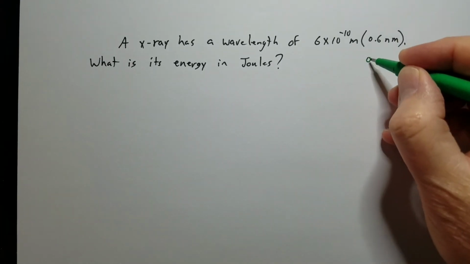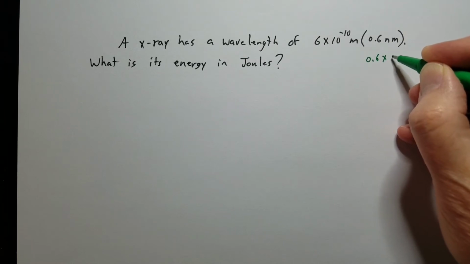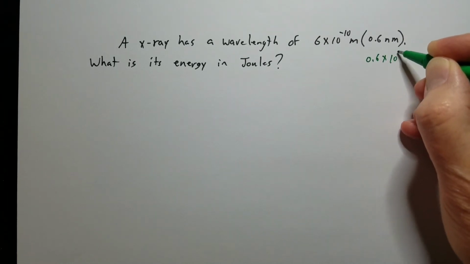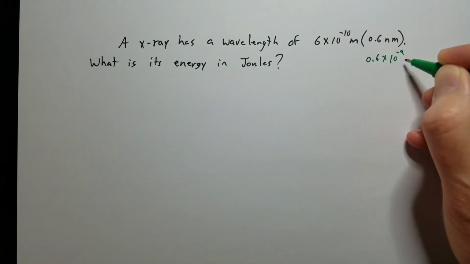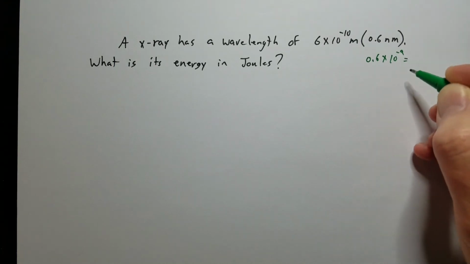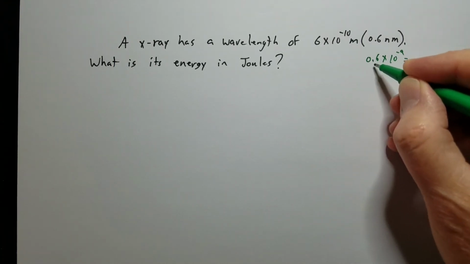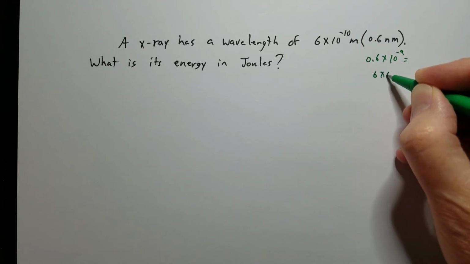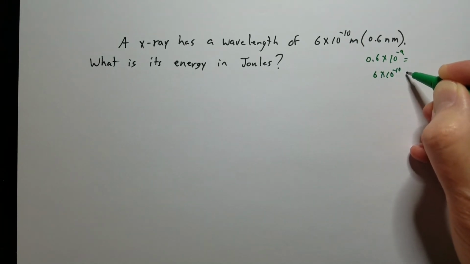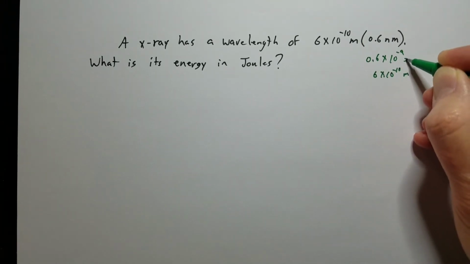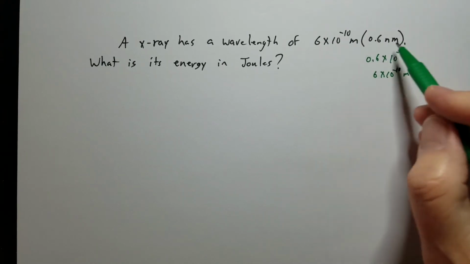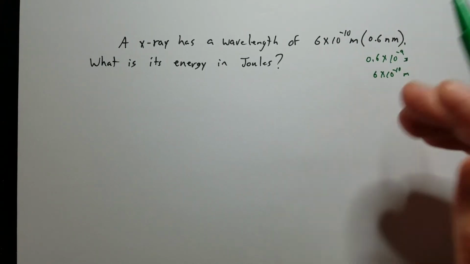So 0.6 nanometers is 0.6 times 10 to the minus 9. And if I move it over to more proper notation, we move that decimal point over one more and it becomes 6 times 10 to the minus 10 meters. Those are equivalent to each other. You just have to see how it's written in the problem.